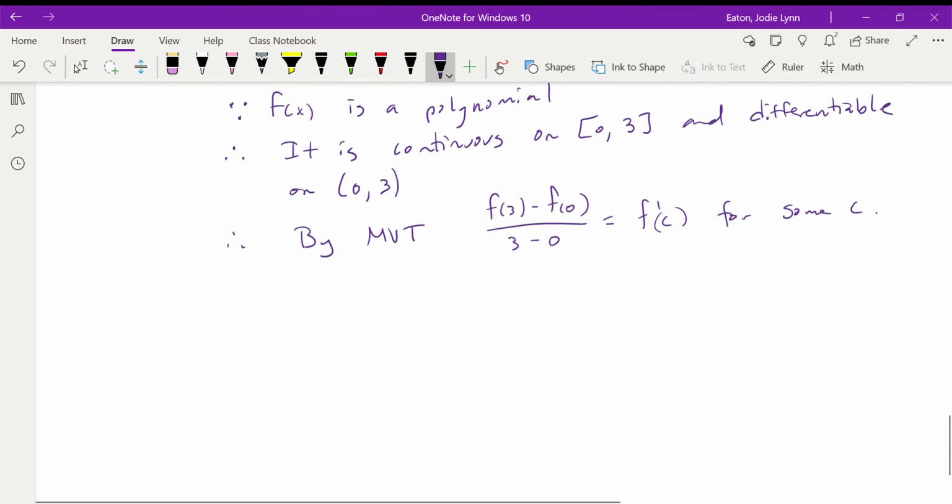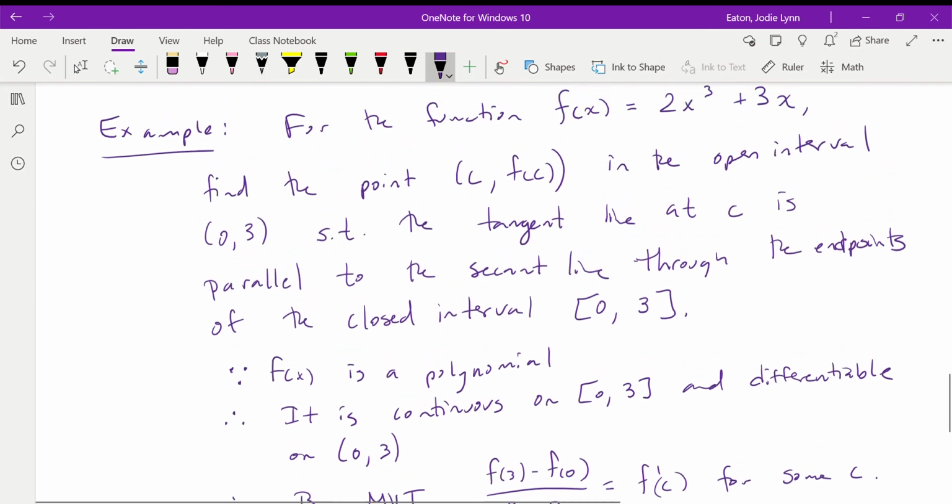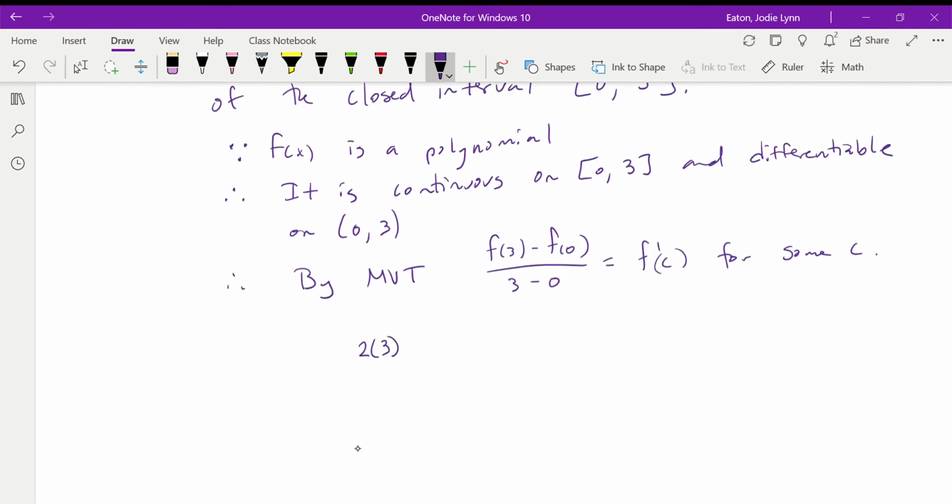So let's actually calculate what that slope is. We have f of 3, which is 2 times 3 cubed. Let me just check my function. Yep, it is 2x cubed, so 2 times 3 cubed plus 3 times 3 minus 2 times 0 cubed plus 3 times 0.